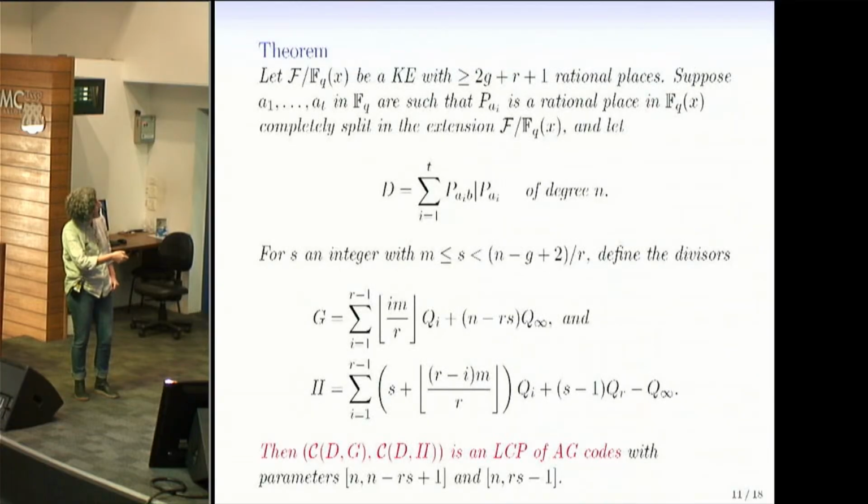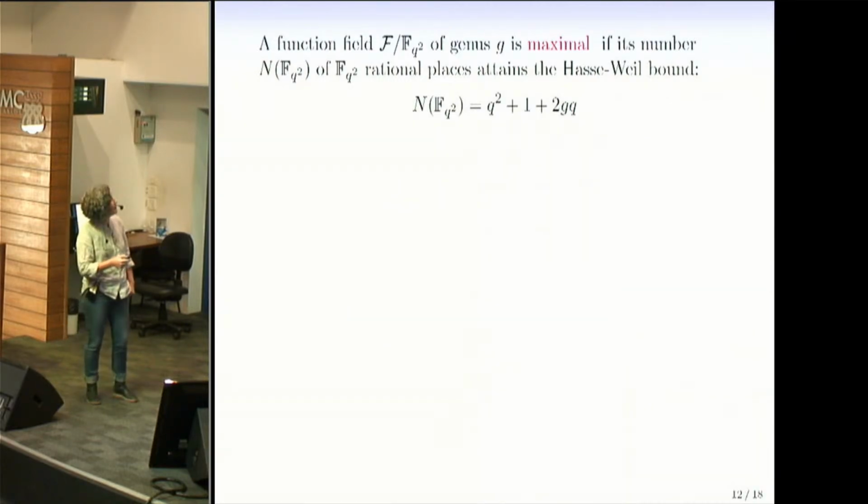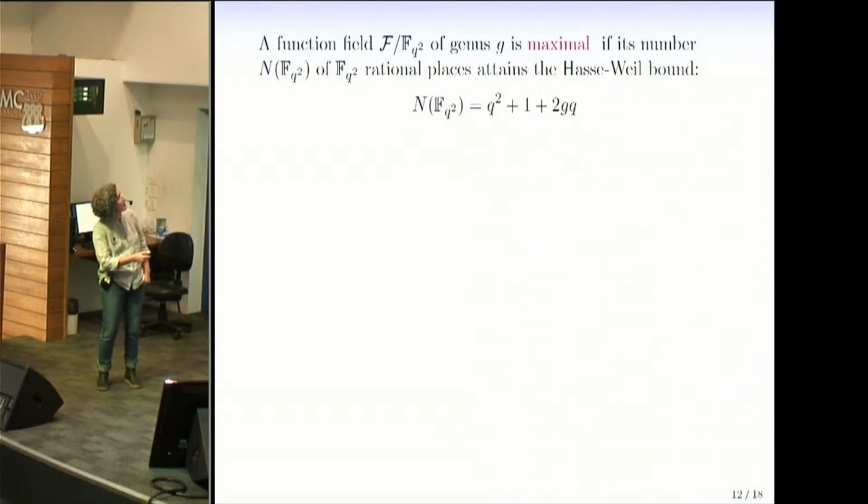okay, yeah. So for some of them, we are able to get linear complementary dual codes, LCD codes. And for that, we went to maximal function fields. So as Montanucci said on Monday, maximal curves are the best curves to construct AG codes. So we have a similar theorem using a maximal function field.